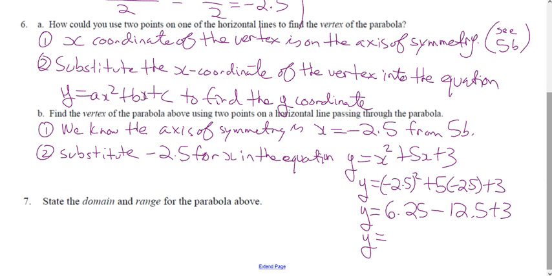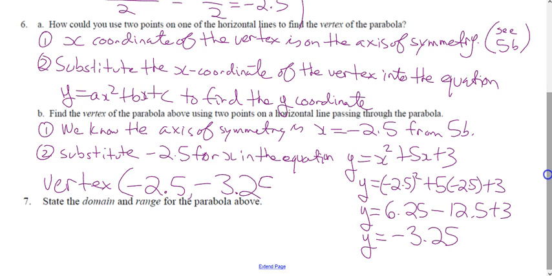So that's going to give me negative 6.25 plus 3, which is negative 3.25. So the vertex is at negative 2.5, negative 3.25.